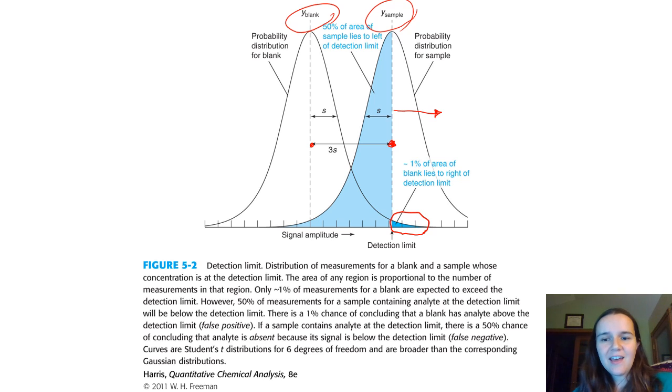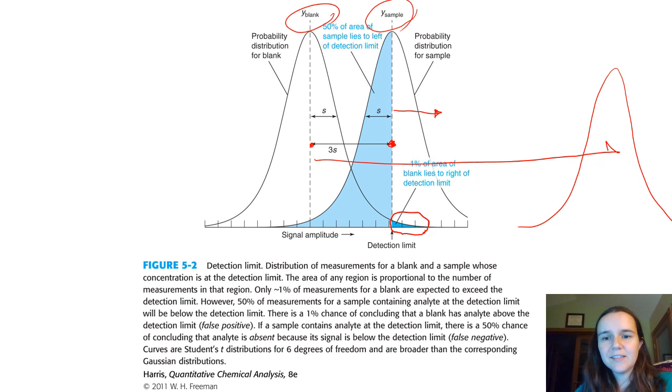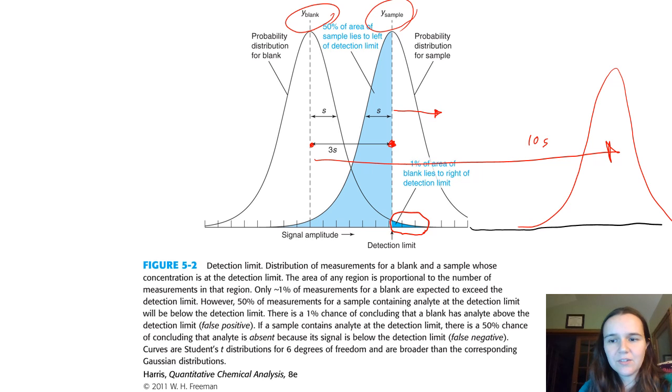And if you picture having your Gaussian distribution for your sample moved away by 10S, just sketching this out, it's not really to scale, you're going to have a minusculely small amount of the signal from the blank continuing out there, because your signal from the blank is like flatlined already there. So it's going to continue to be flatlined.